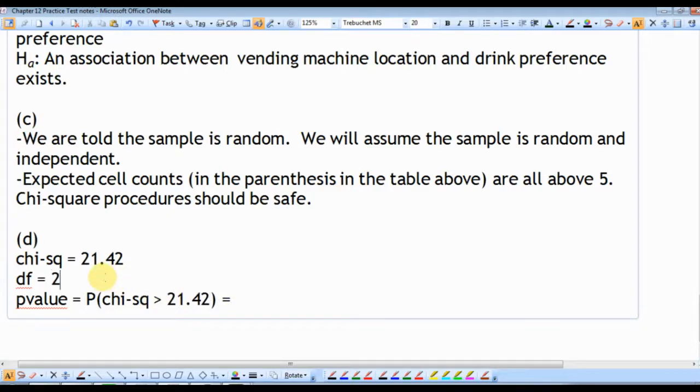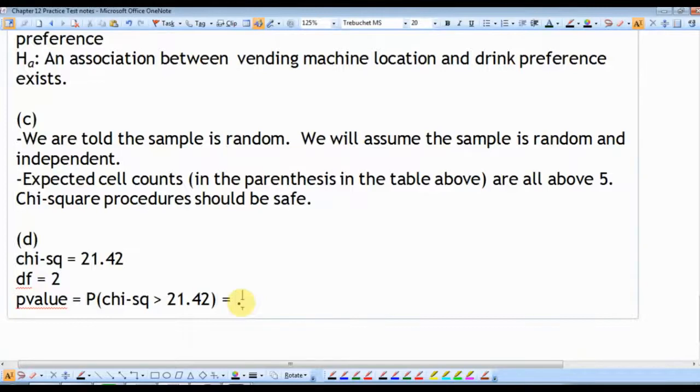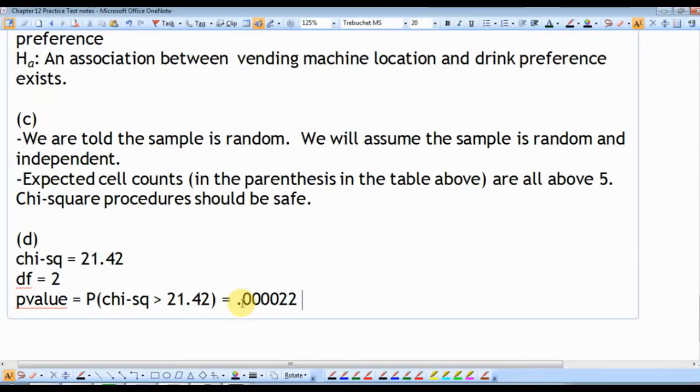Degree of freedom is 2. And the p-value is 0.0002, right? I have 4 zeros in a row, so that means that's about 0.